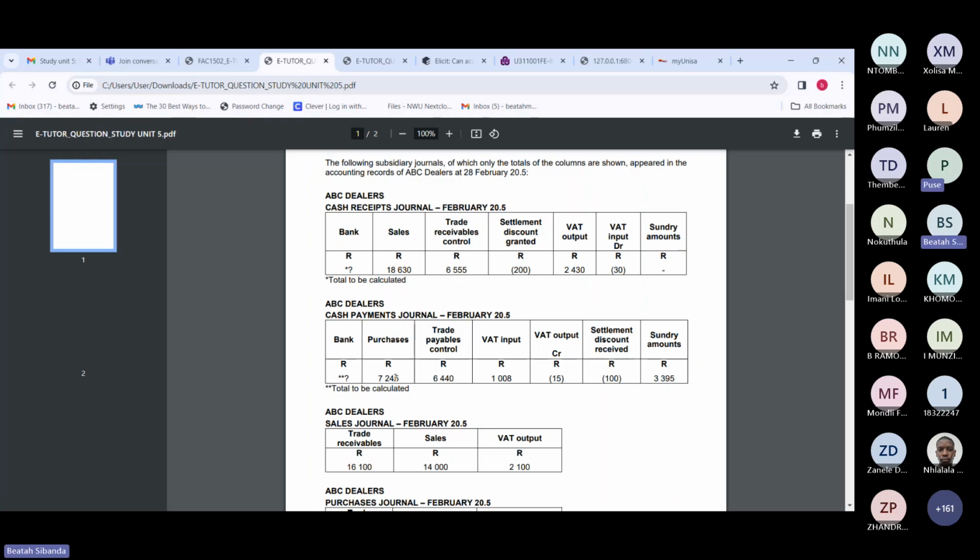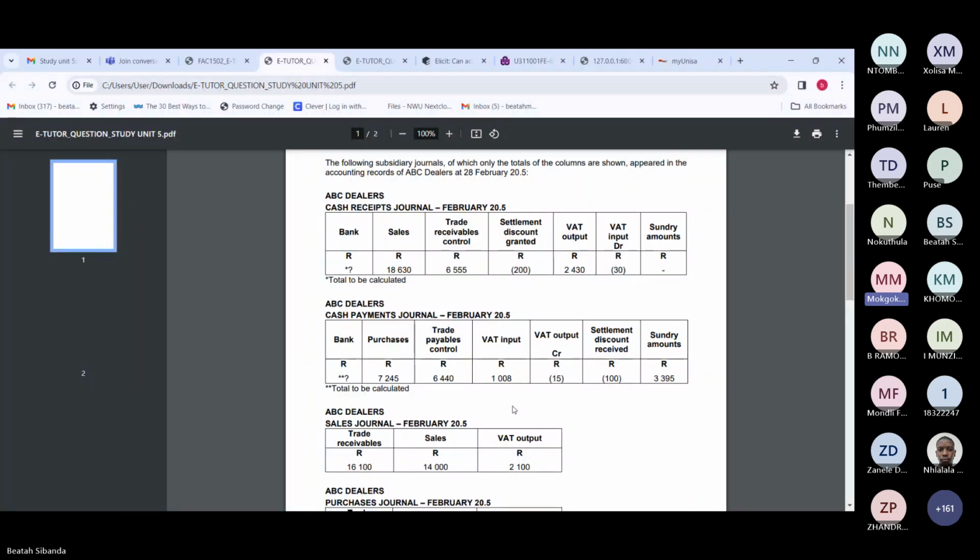Okay. So as I was saying, I think for this question, Dr. Sibanda, students must understand this is a scenario. Then there is a required where we require them to do the general ledger accounts.